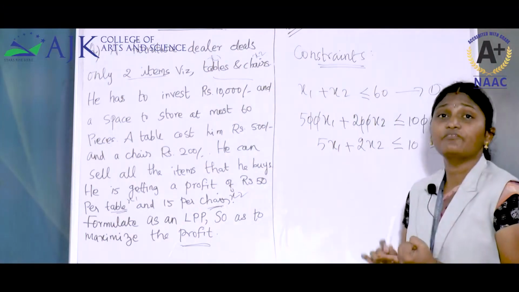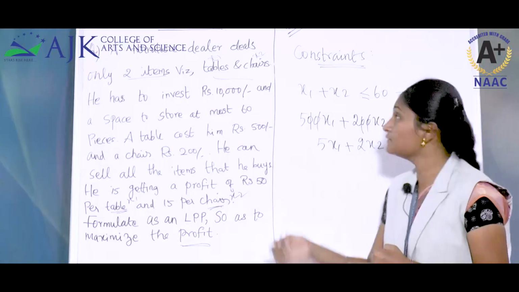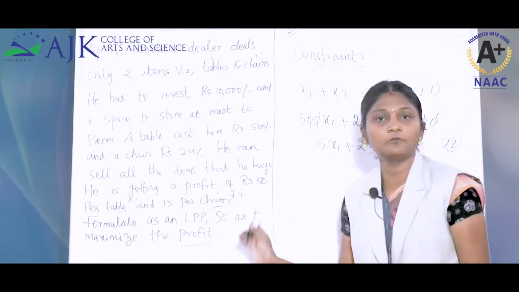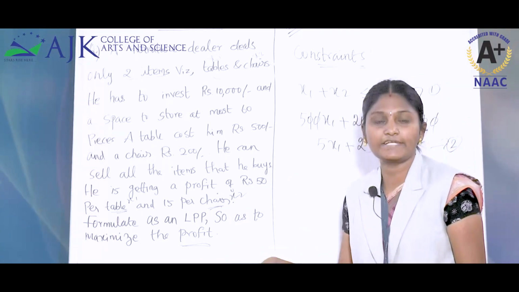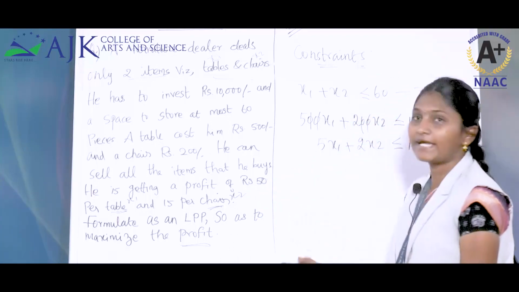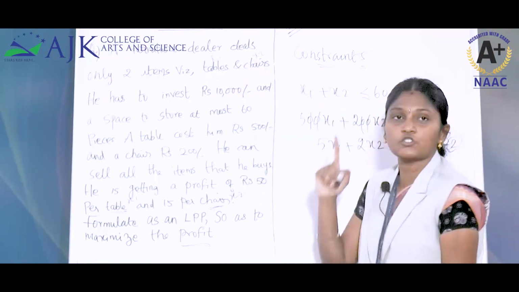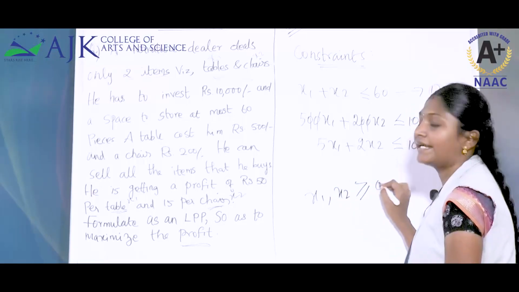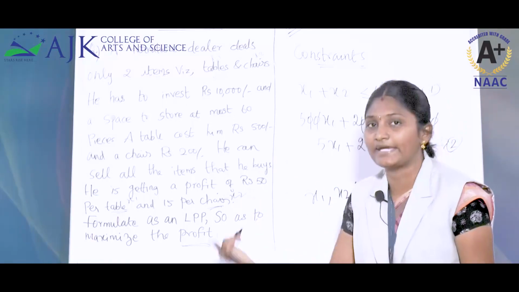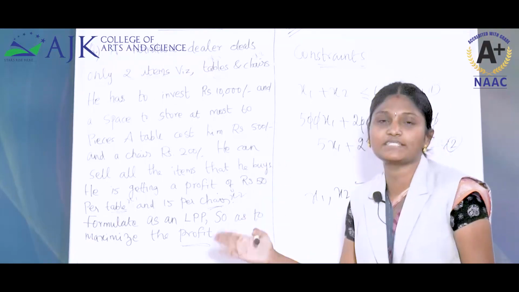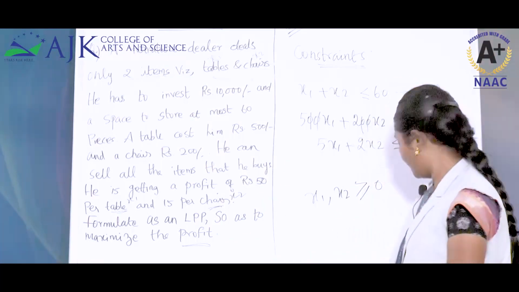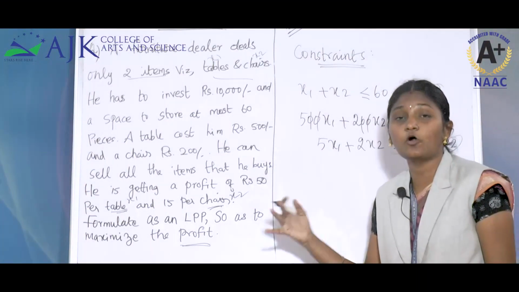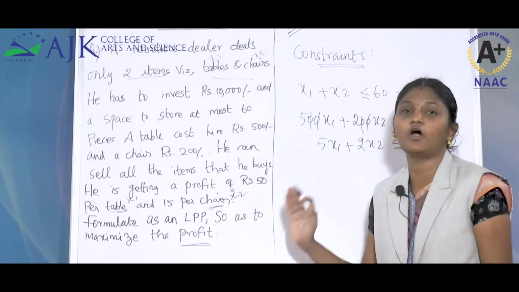So we have done variables, objective function and constraints. What is the next one? Next is the non-negative restriction. Non-negative means always greater than or equal to 0.